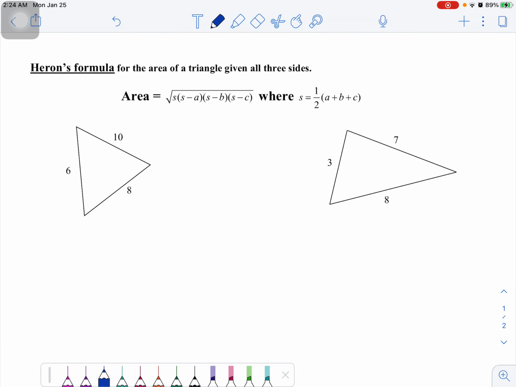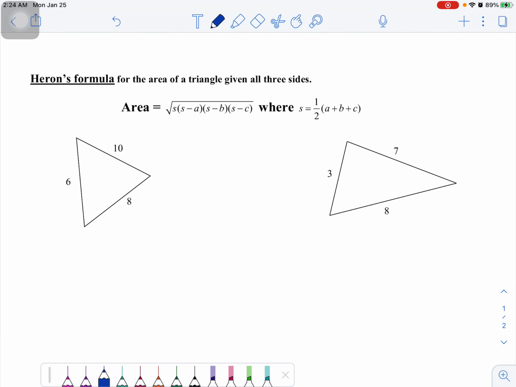The other formula is something called Heron's formula. So basically, we've got a two-part formula. What you're going to do first is find the S value. The S value is called the semi-perimeter.